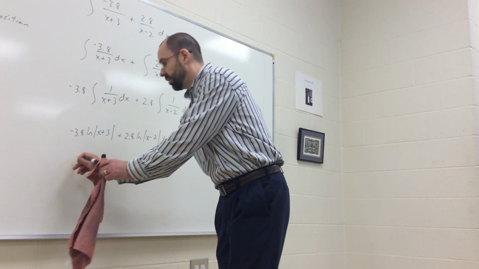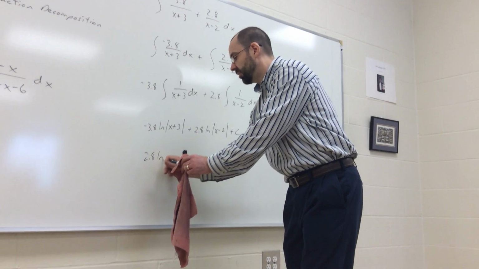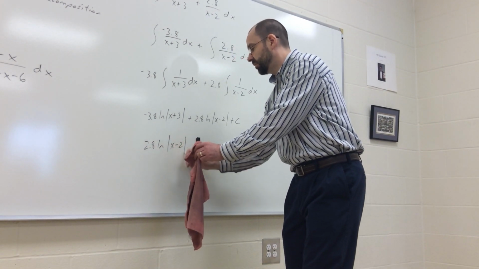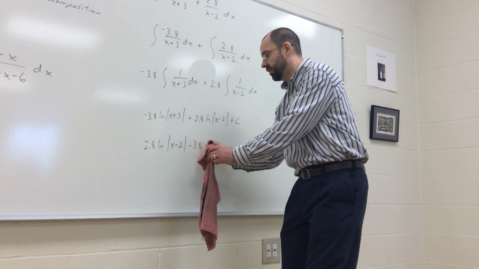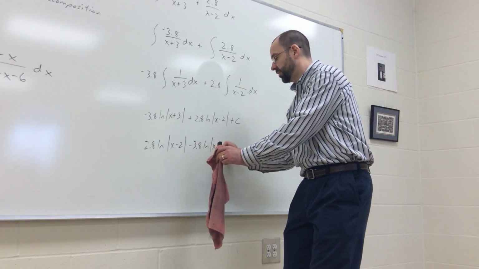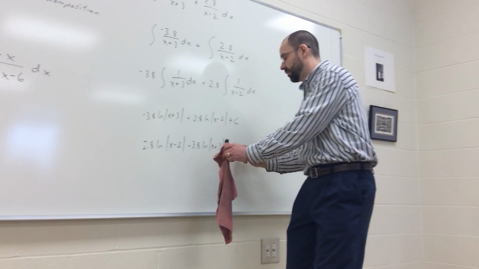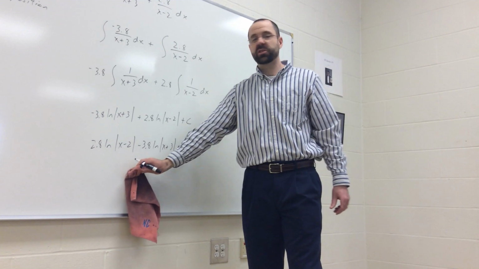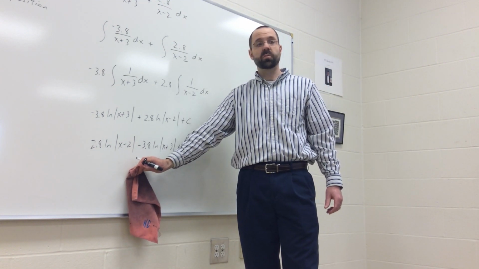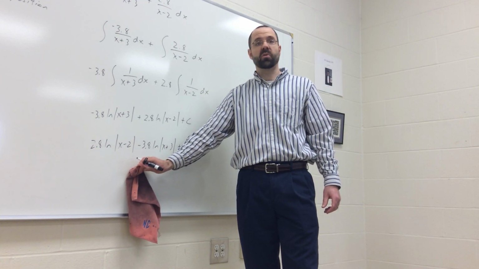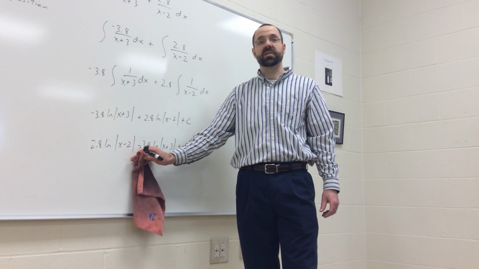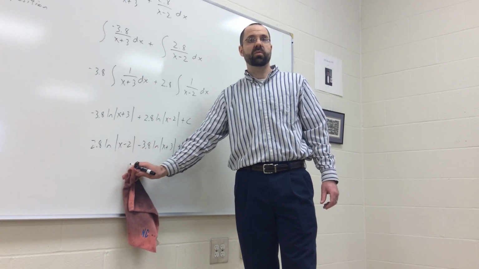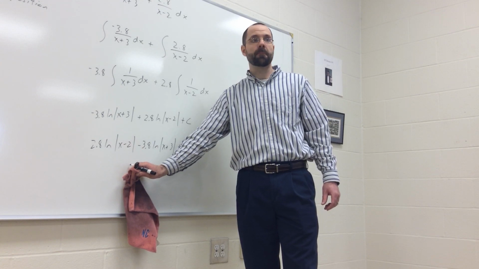So that's 2.8 natural log of x minus 2 minus 3.8 natural log of x plus 3. So I just swapped the 2.8 term and the 3.8 term and rewrote it as a minus instead of plus a negative.